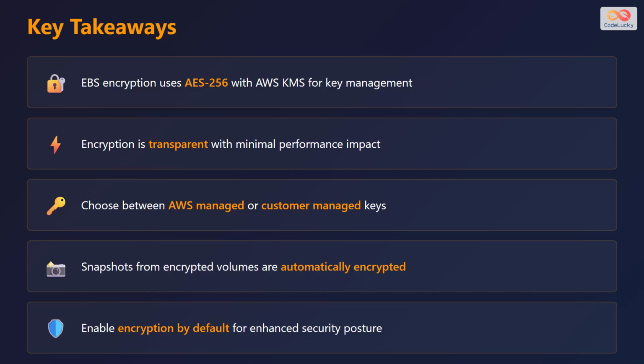Fourth, when you create snapshots from encrypted volumes, those snapshots are automatically encrypted as well, maintaining your security posture. Finally, consider enabling encryption by default in your AWS account settings to ensure that all new EBS volumes are automatically encrypted, eliminating the risk of accidentally creating unencrypted volumes.